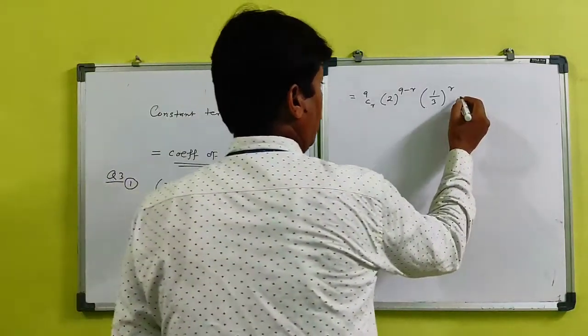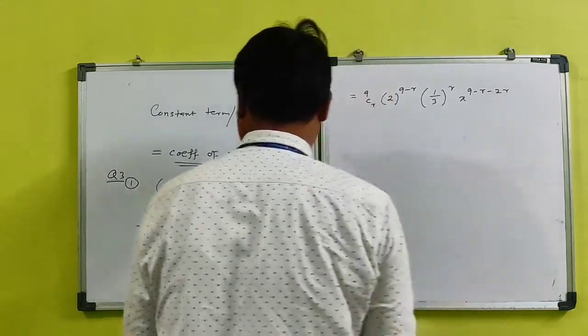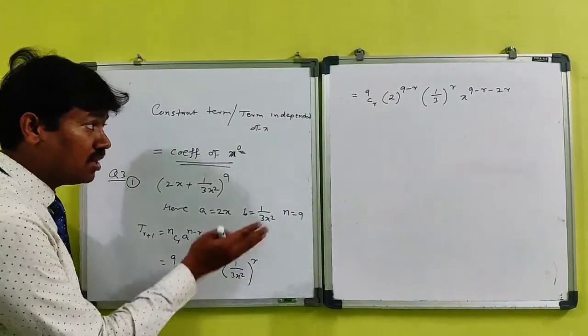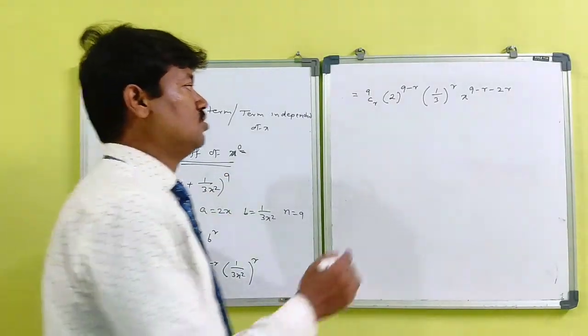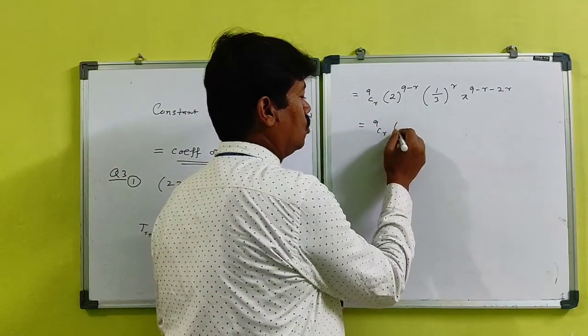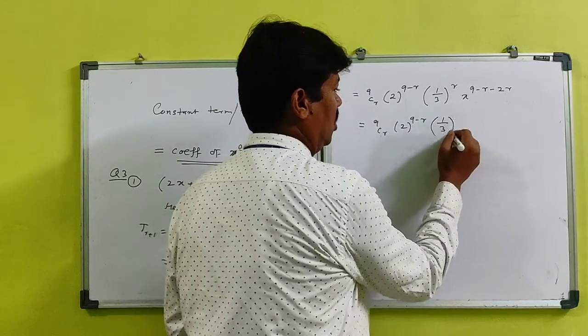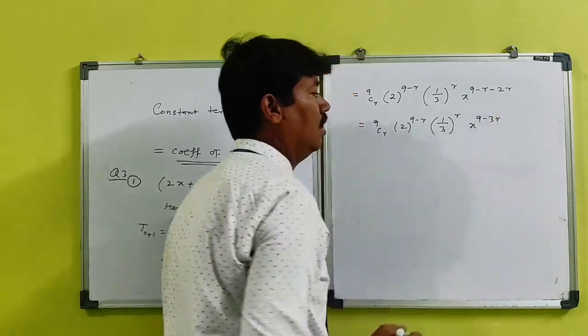So that becomes x raised to 9 minus r minus 2r. This is 9 minus r and this x to r, so that goes to 9 minus 3r basically. So this is a constant term, so that becomes 9Cr 2 raised to 9 minus r, 1 upon 3 raised to r, x raised to 9 minus 3r.